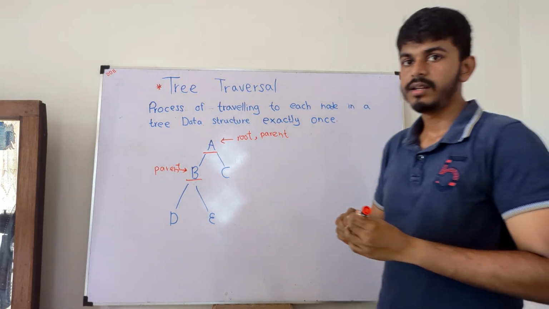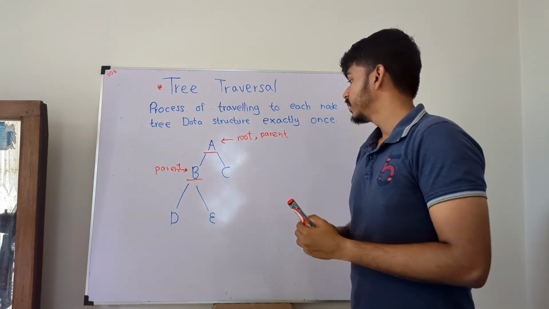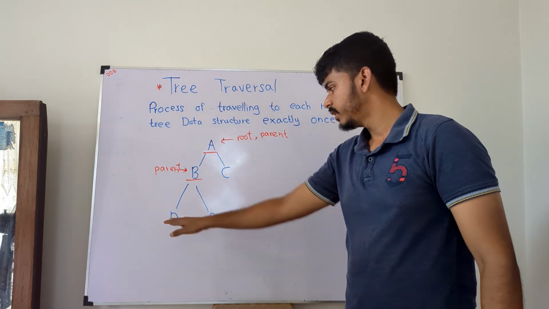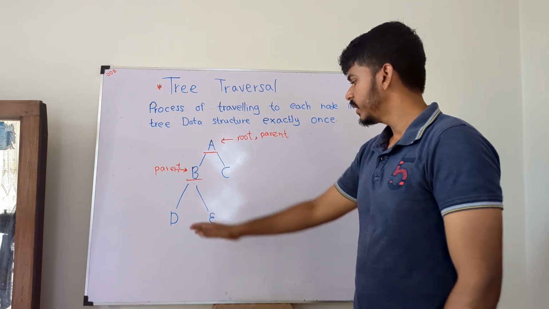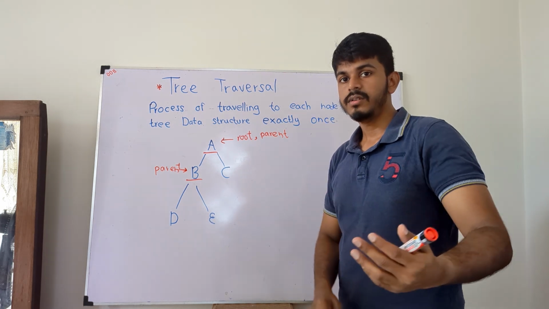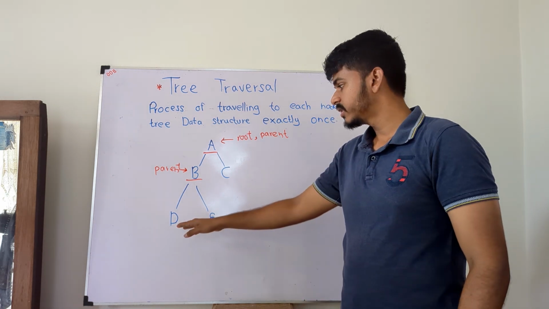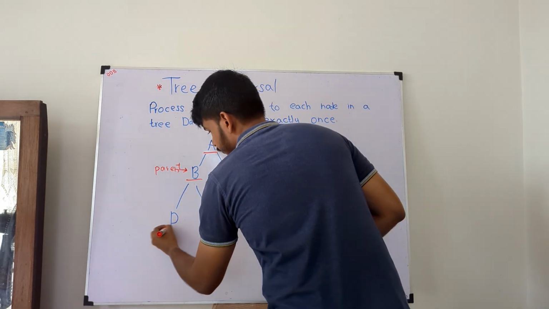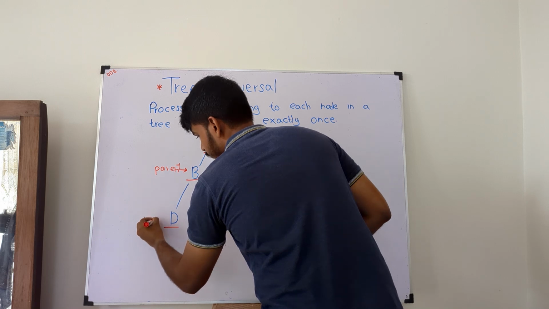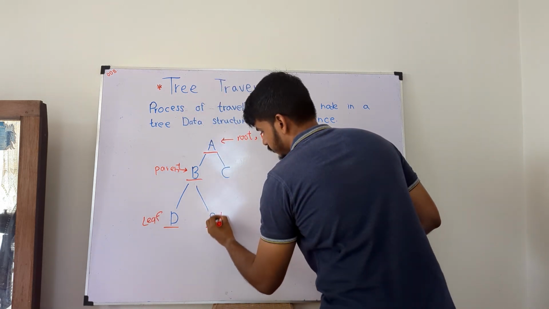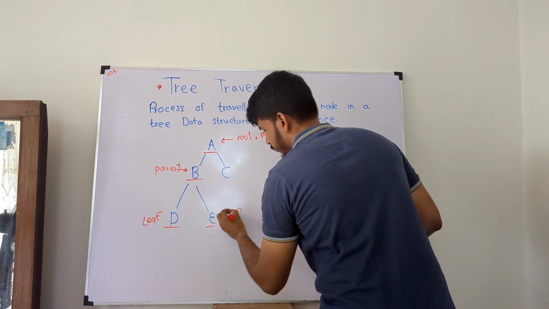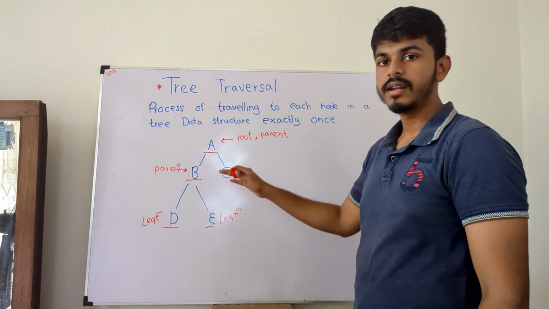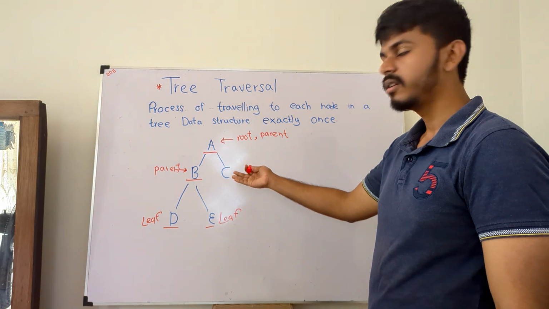And after that the children, D, E. Here you can see D and E do not contain any children. So these are at the lowest level and these are called the leaf nodes. And C also, it doesn't contain any children for that node.